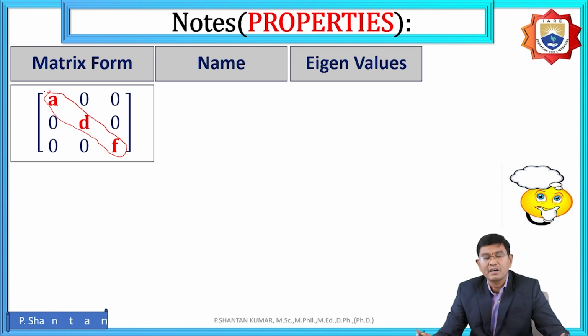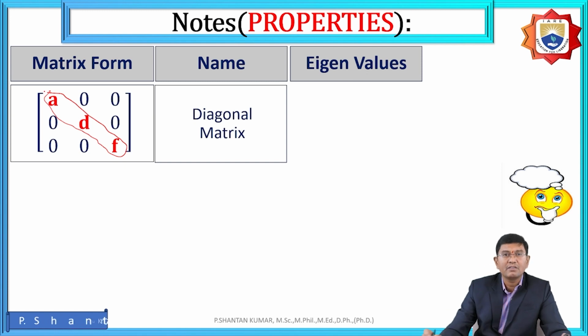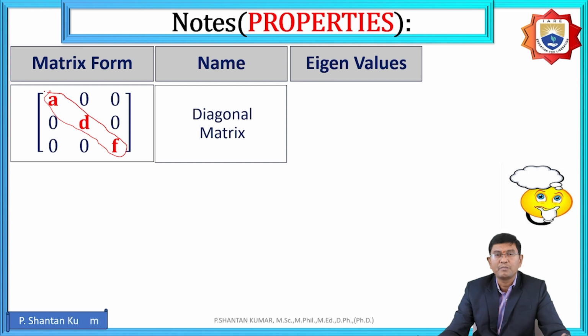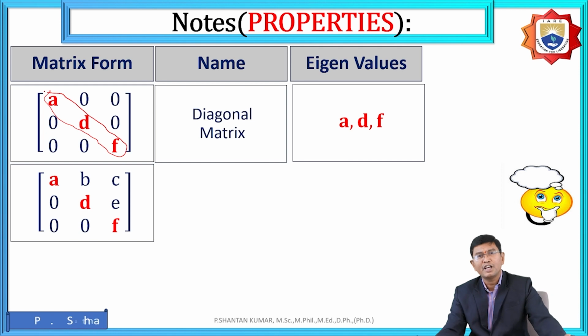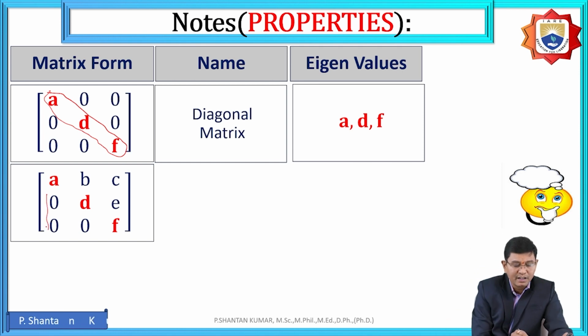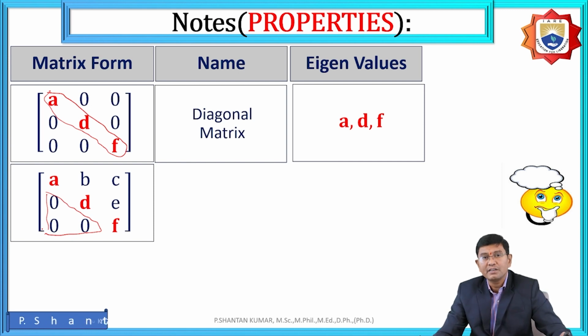Same as the 2 by 2 case, the eigenvalues are the diagonal elements, here a, d, f. Similarly, consider the matrix a, b, c; 0, d, e; 0, 0, f. Here the elements below the diagonal are 0, which is called an upper triangular matrix.